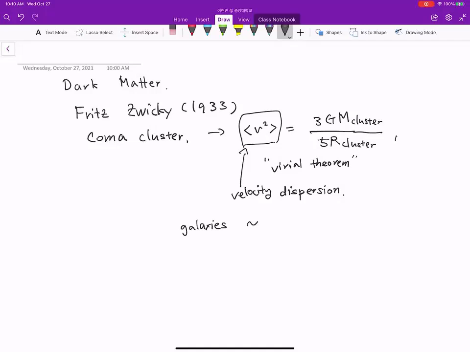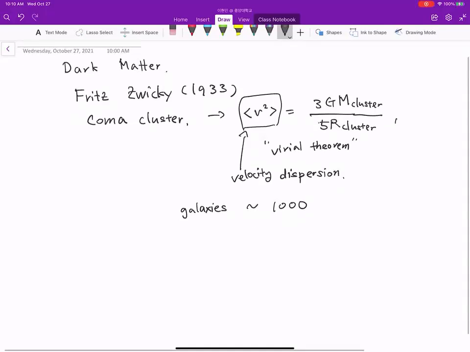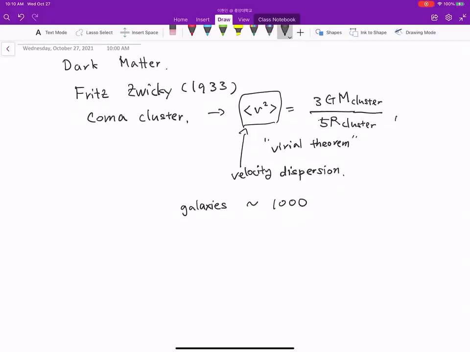At that time, we had a more precise measurement of the same Coma cluster, but at the time the number of galaxies was about 100, and each galaxy had what are called absolute luminosities.